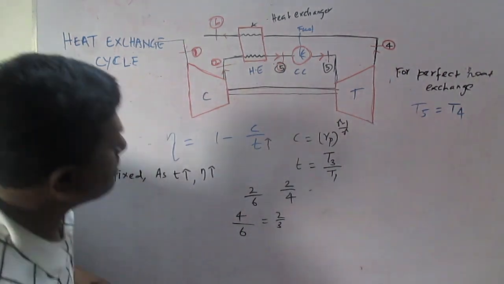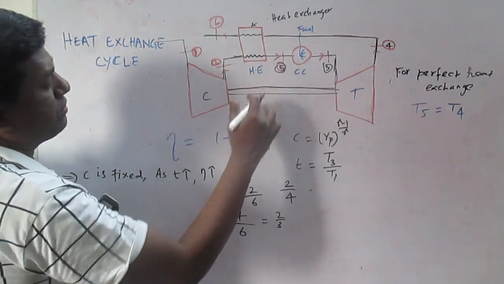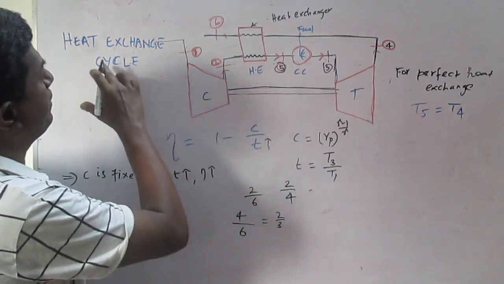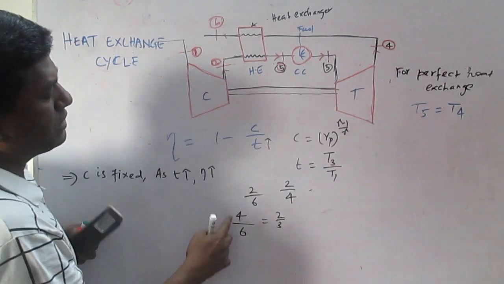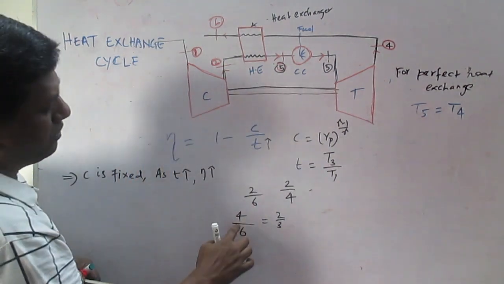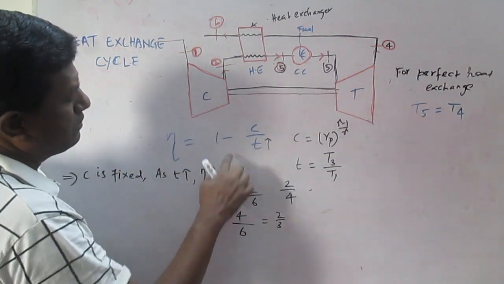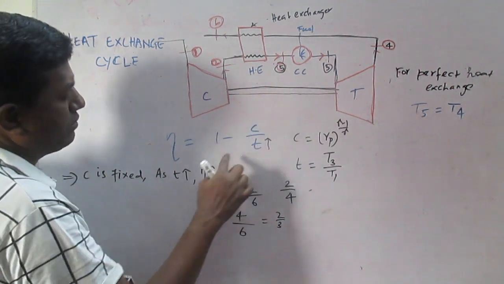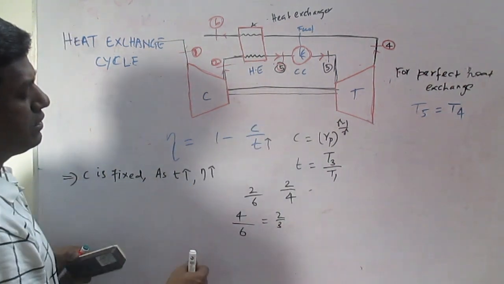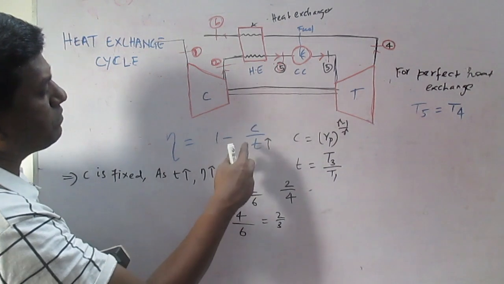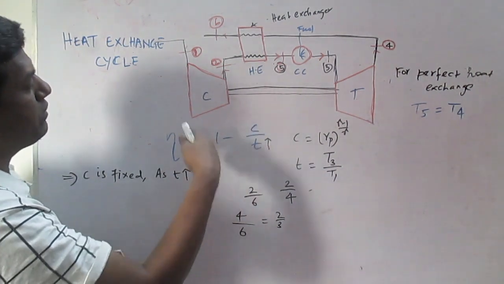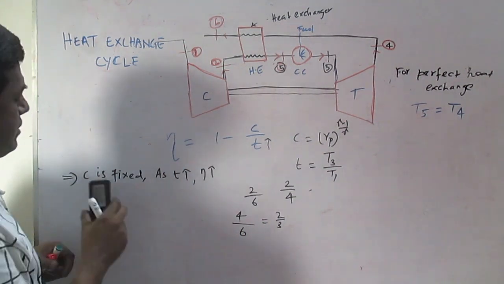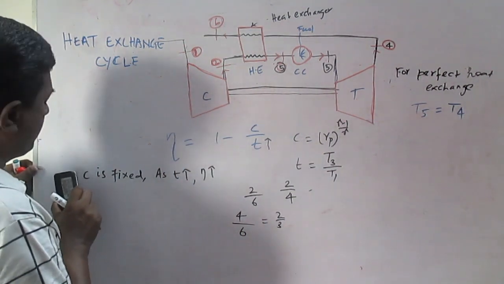So a smaller pressure ratio is only suitable for the heat exchange cycle. If you go for a higher pressure ratio, then obviously this efficiency is decreasing. If you have a smaller pressure ratio and you increase the T, then our efficiency increases. That is what we have to understand.